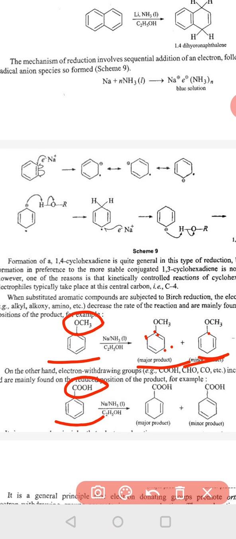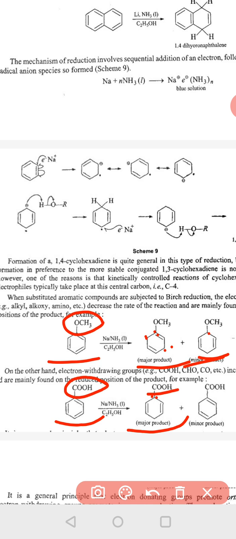This COOH group is an electron withdrawing group and it increases the reaction rate. When we see the products, the major product is the one in which the COOH group is present at the reduced position. This is the position at which reduction has taken place. So this is the major product.